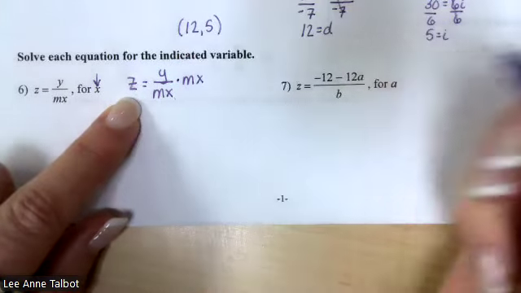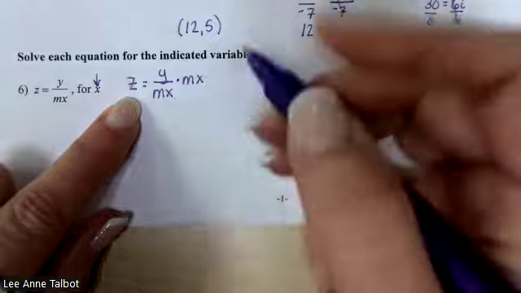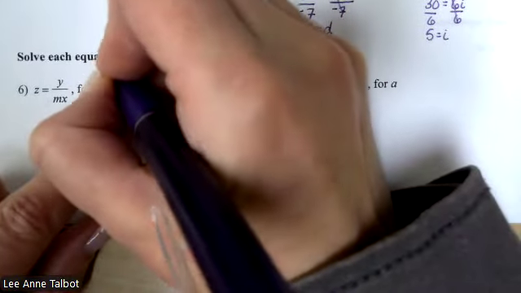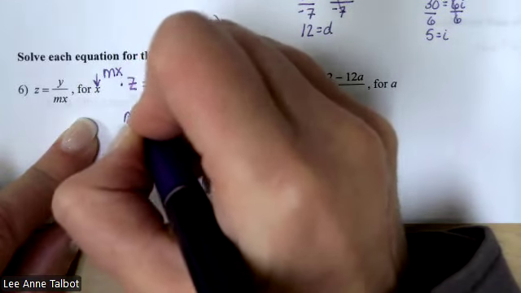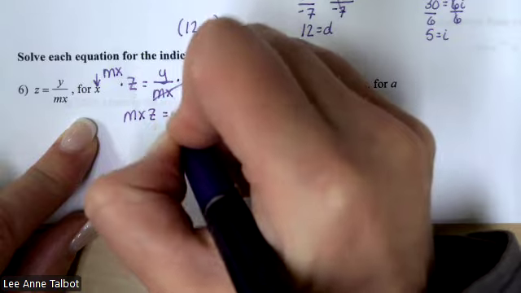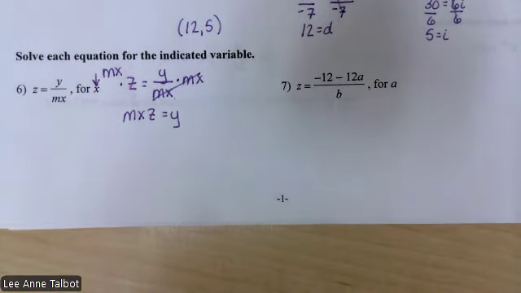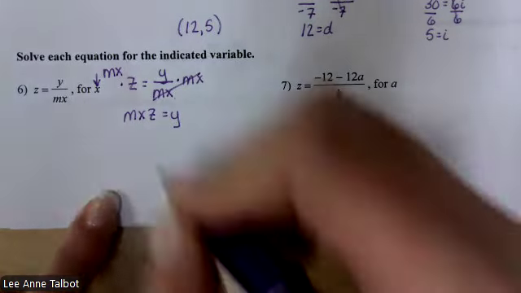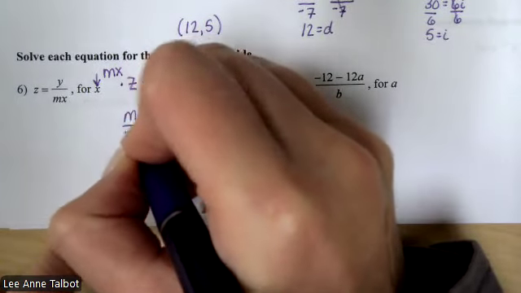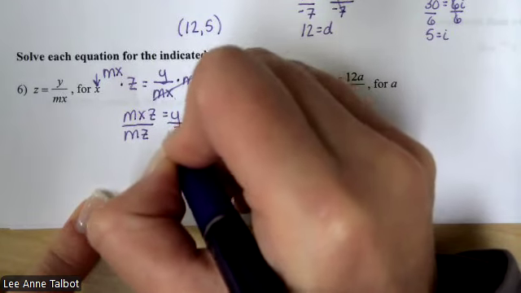And I can multiply both of those at the same time. Okay, now here's a fun fact. I want x. I can divide by two things at the same time also.